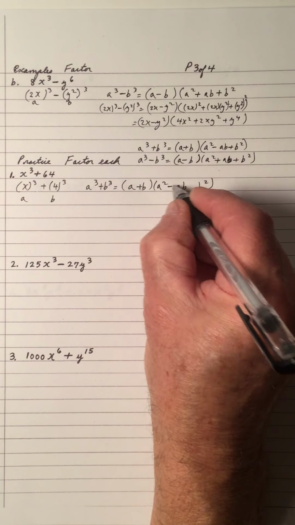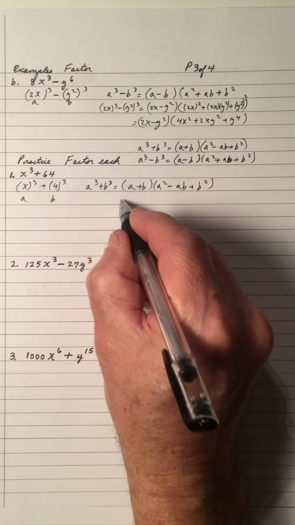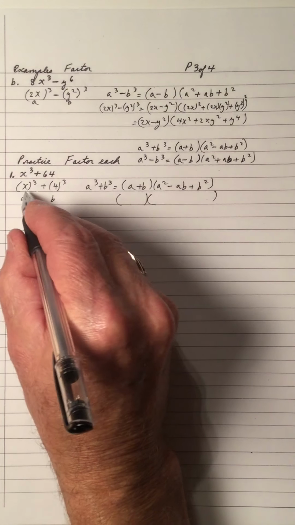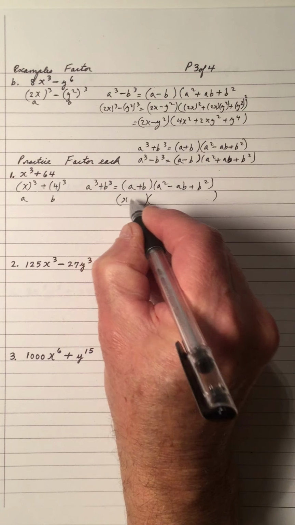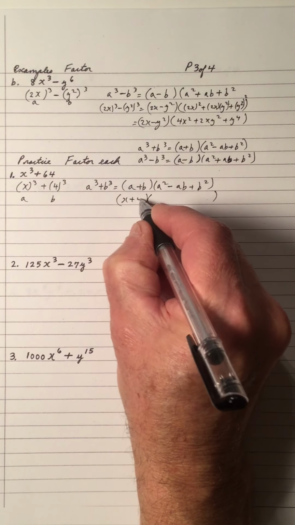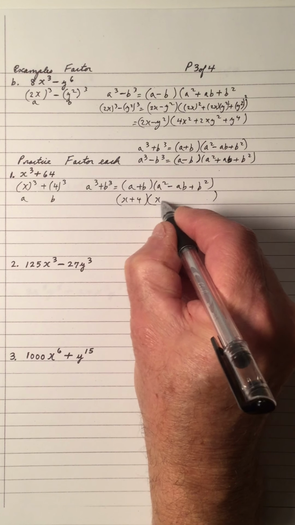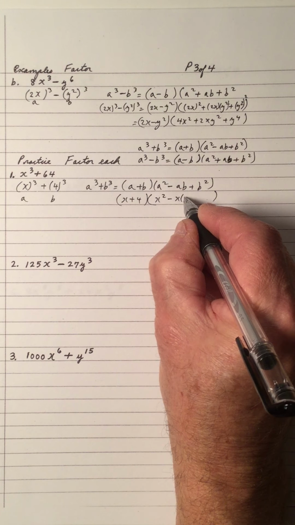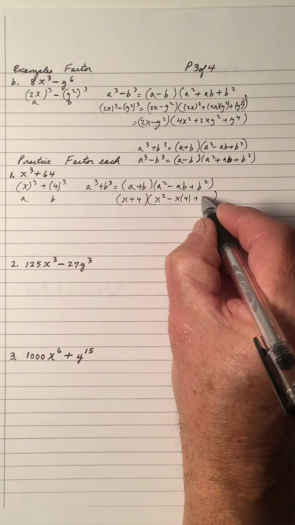There's a plus, there's a minus, and there's a plus. So fill in the pattern, here we go. A is x, B is 4. A is x, so that's x squared. A is x, B is 4.